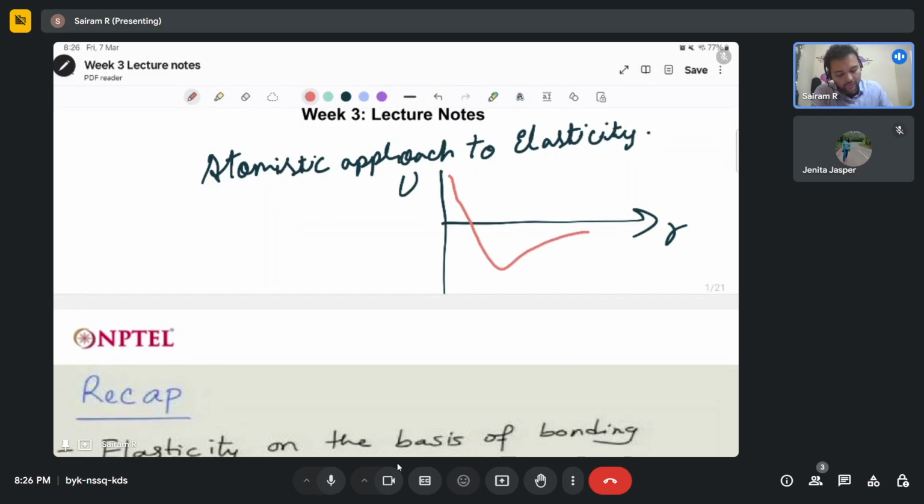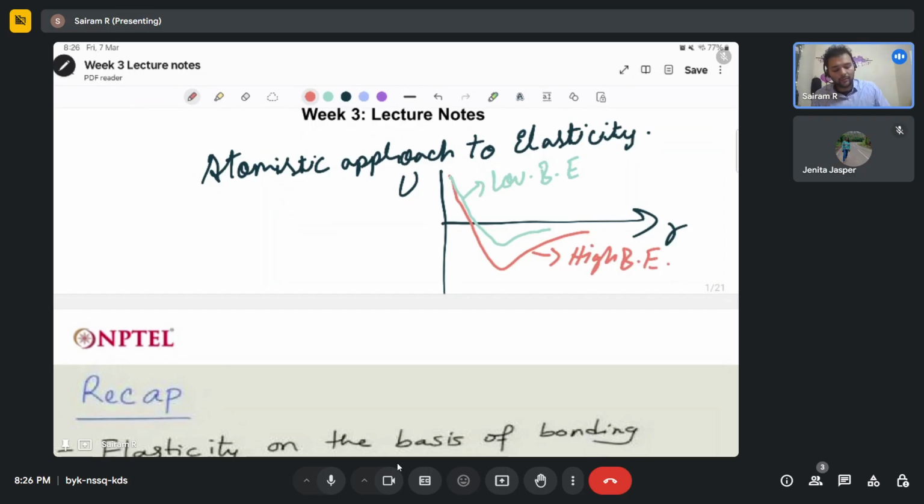What would be the nature of these potential wells between elements or atoms with higher bond energies or some with lower bond energies, and what would be the corresponding moduli for these two. Let's say the blue over here is low bond energy material, orange corresponds to high bond energy material. Which one do we think would have the higher moduli?